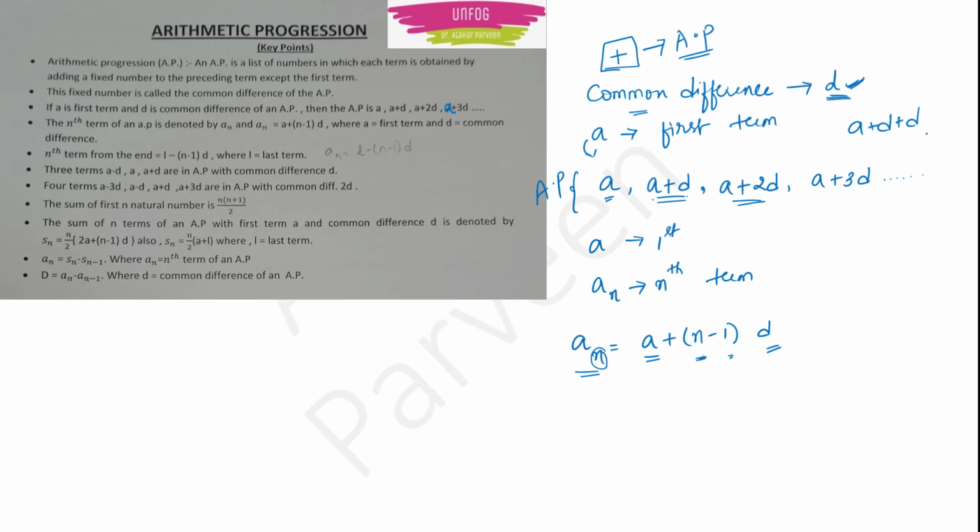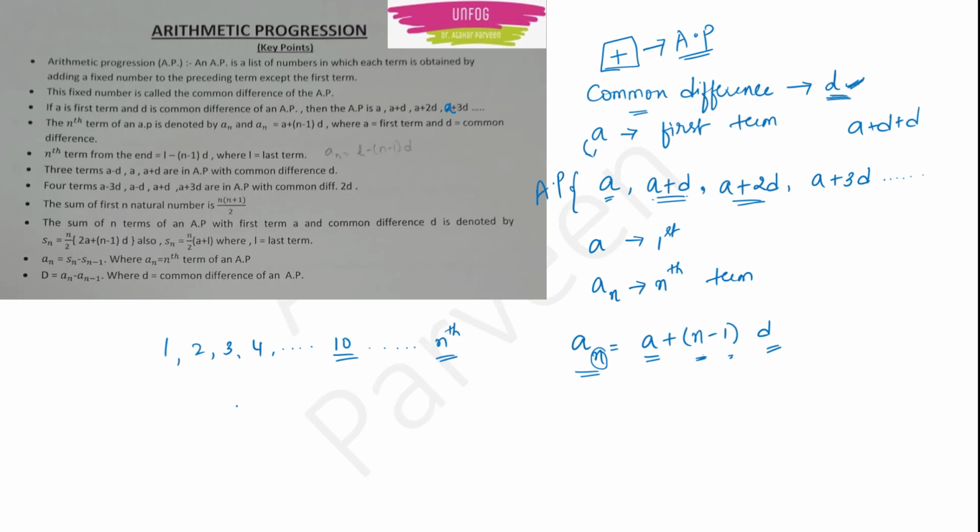Now next, if you are told to find the nth term from the end, means you are having one series, say for example you have this series 1, 2, 3, 4. Okay, now your end term is 10, you think, and you are told to find the nth term from this end. Again nth term you have to find.